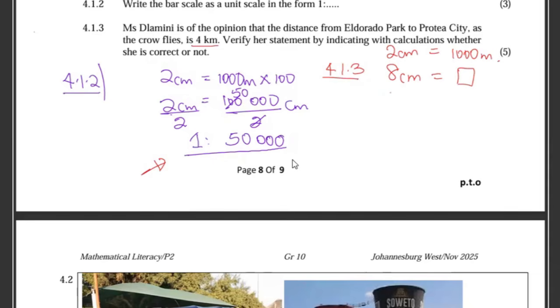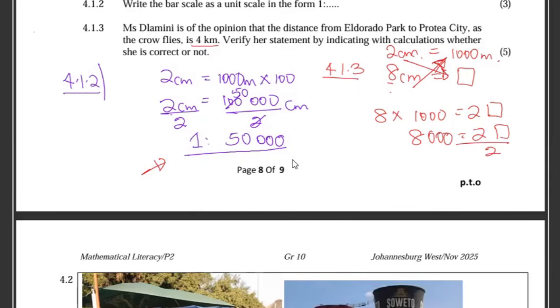What about the 8? So what do we do? We cross multiply: 8 times 1,000 equals the 2 times the unknown. The 2 multiplies that, the 8 multiplies that. So in this case, this is 8,000 equals 2 times the unknown.